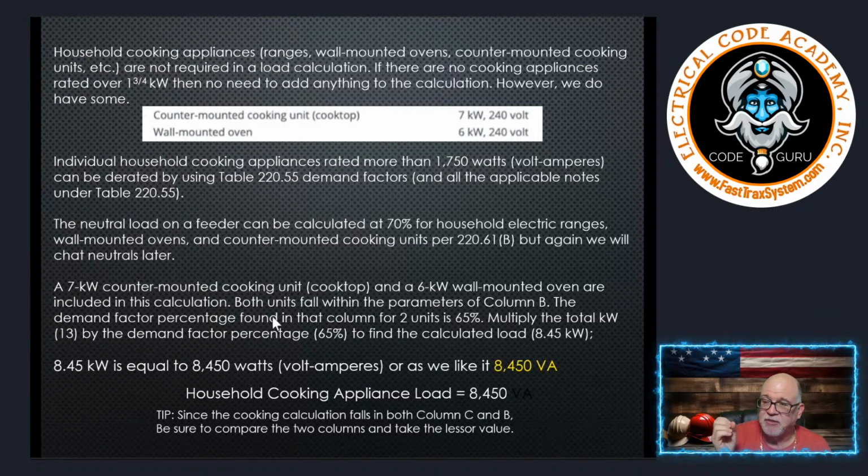But in our case, we're going to be using the in lieu of language and comparing it to column C, and whichever one yields the best result, that's what we're going to use, right? So since we know our values and where they fall, we're going to go to the NEC.